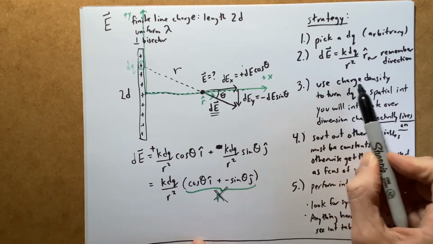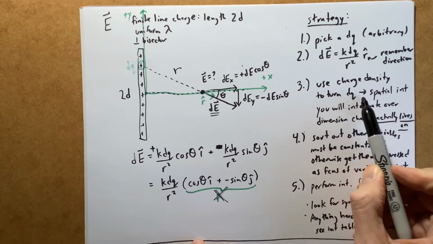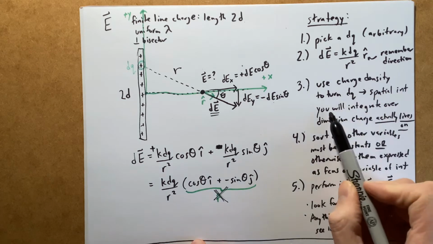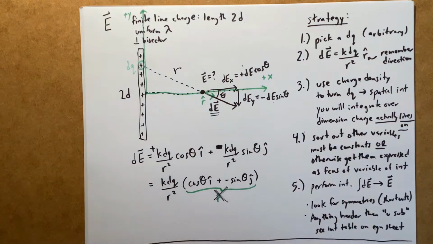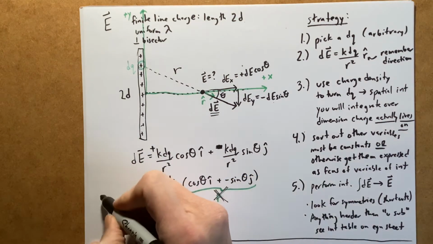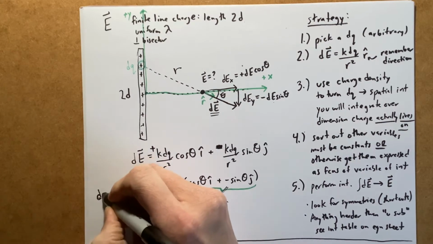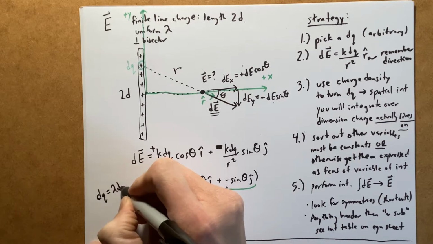This says use charge density to turn dq into a spatial integral. I use int for integral. So that's kind of what those charge densities that I talked about in the last video allow me to do. So remember, dq equals lambda dl.